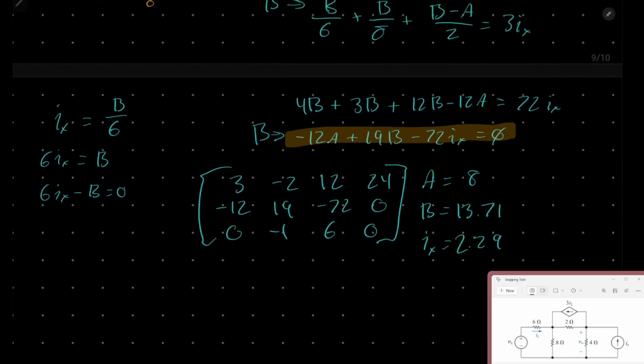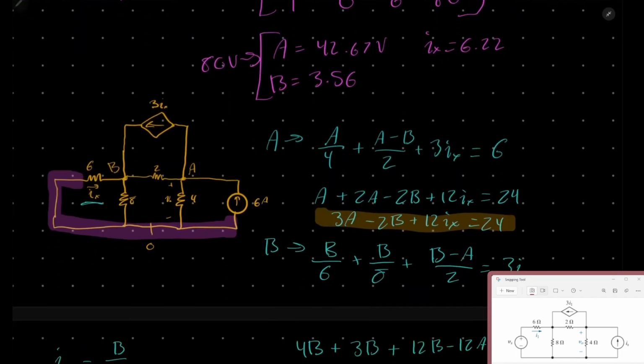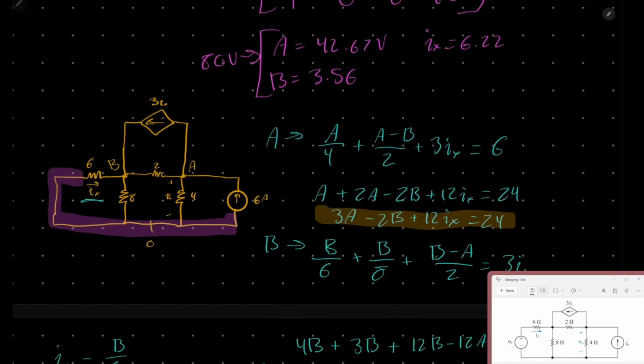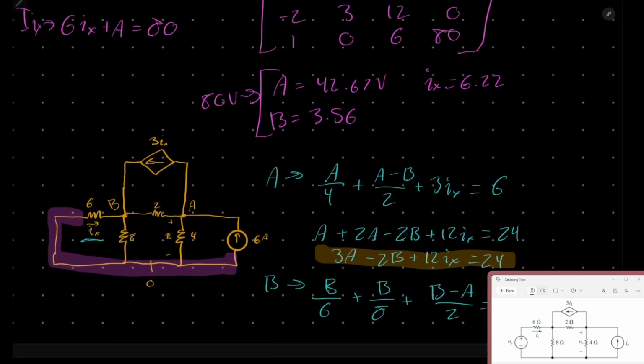Which we're not really looking for our Ix in this problem, we're specifically looking for, if we go back to our circuit, and it looks like I swapped variables, so this should be B, and this should be A, just to make things more helpful.